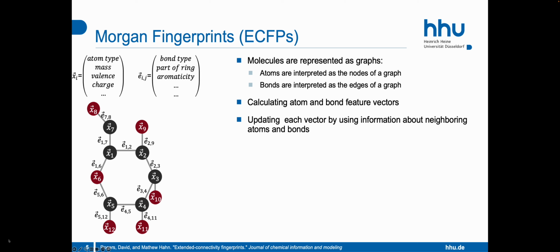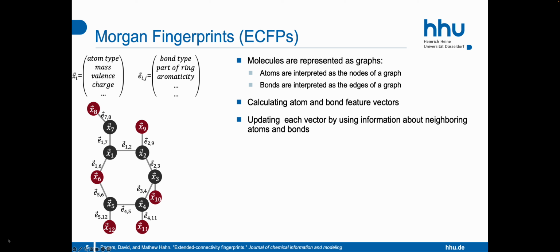Afterwards, these vectors are updated by iteratively applying expert-defined functions to summarize aspects of neighboring atoms and bonds. So, for example, to update atom 1, in this image, we would use information about the atoms 6, 7, and 2, and also about the bond types with which they are connected to atom 1.